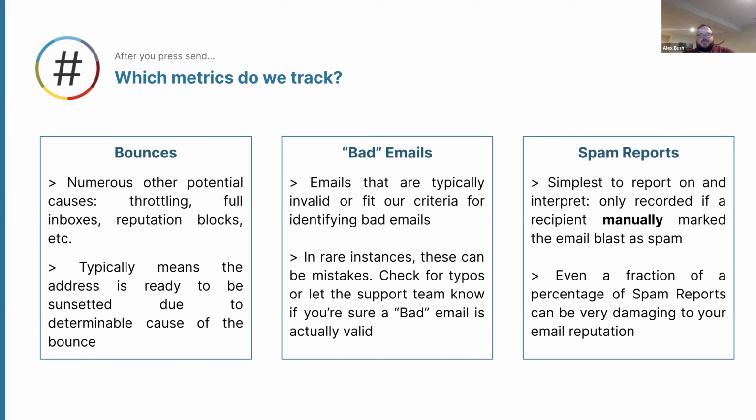Bounced address, that's a really particular and specific error message you will see in your bounces in that results tab. And you've probably seen this error before, and if you haven't, you will. In a nutshell, what that error means is that our sending platform wasn't able to deliver the email, but it can't concretely say why. So it can't categorize it as a bad email, and it can't determine exactly why it bounced.